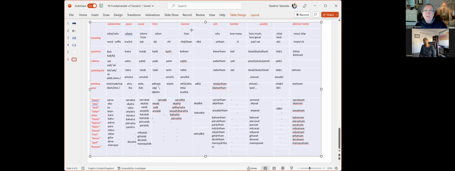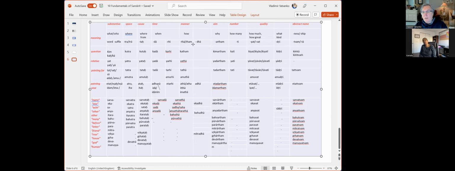Manner, how. So we have time, we have movement from here to there and from there to here, and also movement on the scale of time. And now we can move from here to there in a particular manner: slowly, happily, unhappily, and so on. So it answers the question how. And this is interesting, because the manner is the tha suffix.